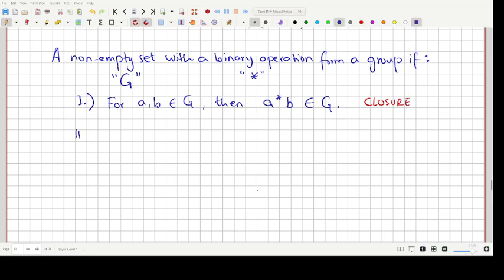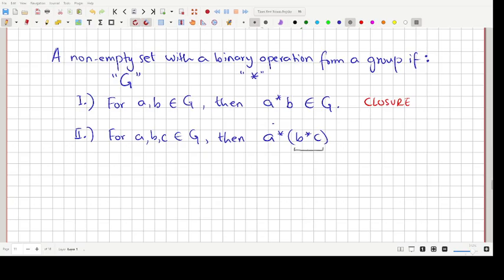The second condition for this particular pair of set and operation to be a group is that if we have chosen a, b, and c to be elements of G, again, they can be equal, but without loss of generality, for a, b, c belonging to G, we shall have a star (b star c). Note that b star c is done first.